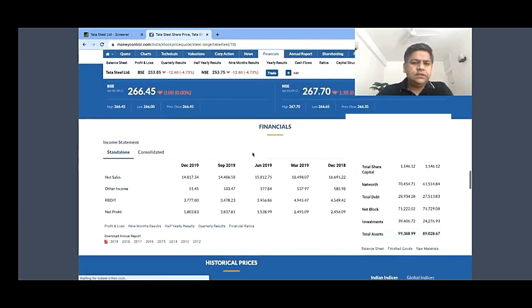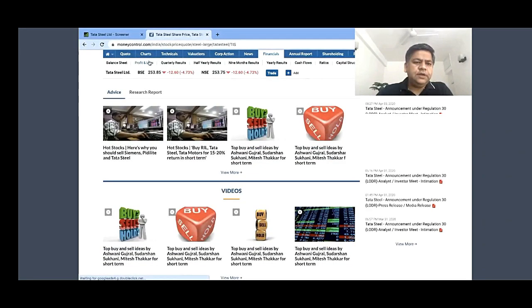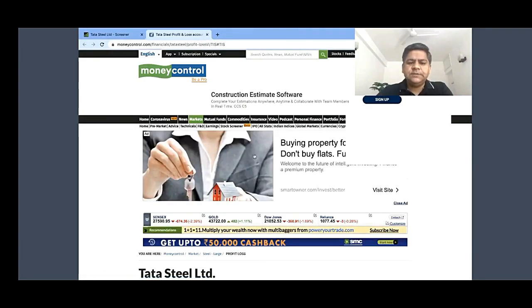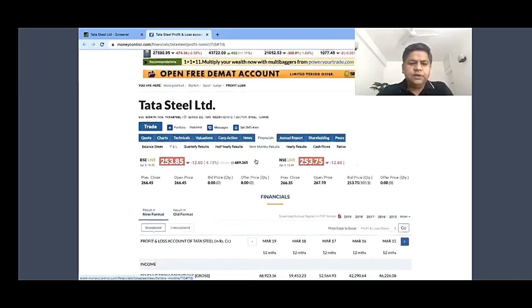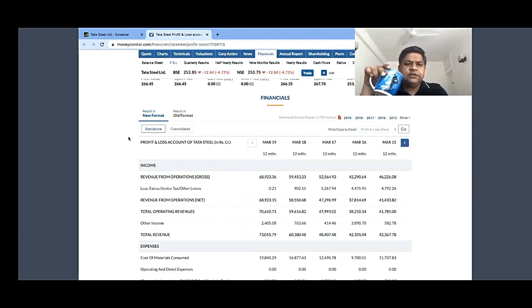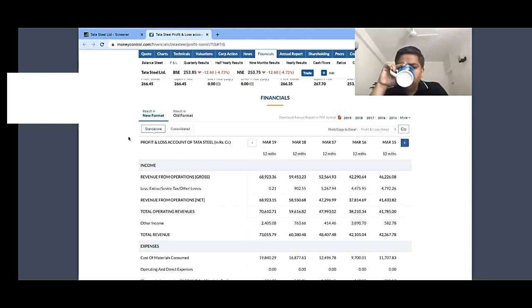Within financials you will see profit and loss. It will open another screen. We will close this. Now in this profit and loss statement, they have old format and new format, so I won't confuse you between old format and new format. Why not, let's adopt the new format only and stick to this, because anyway we are covering two different sites, one is Screener, another is Money Control.